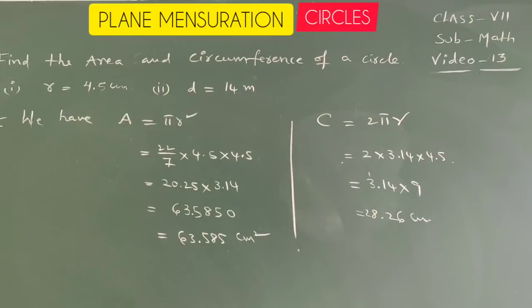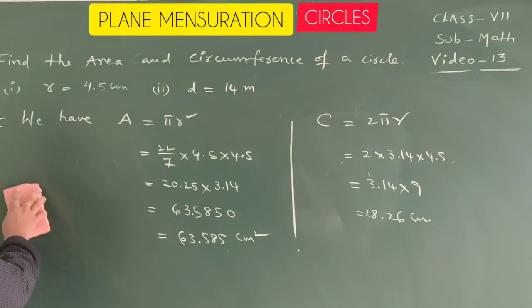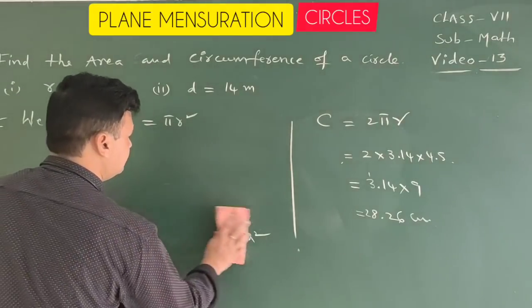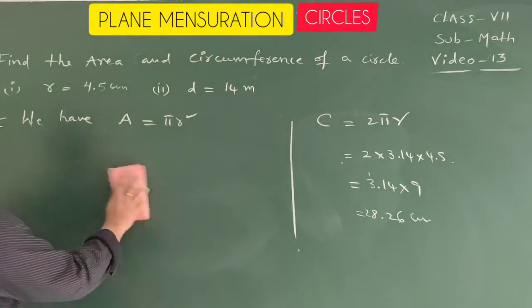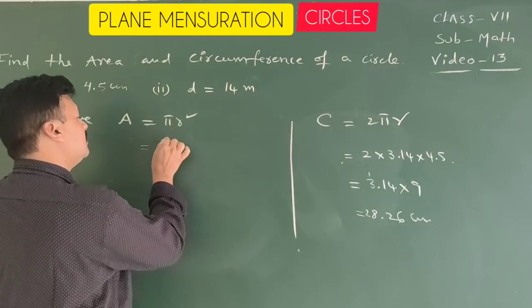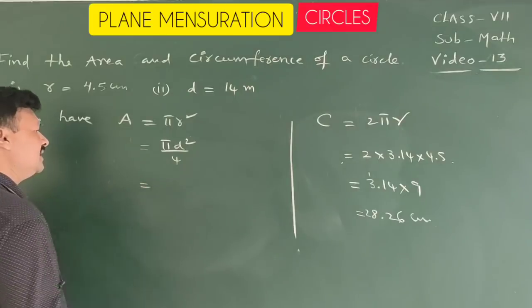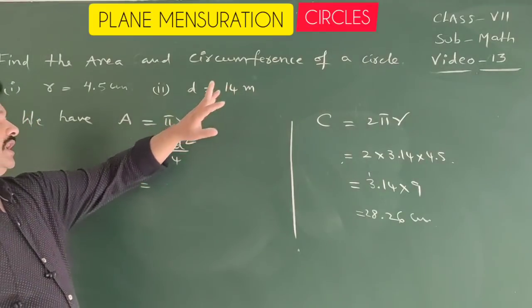This is the first problem, in case the radius is given: pi r square and 2 pi r. Next, the second problem, in terms of diameter. Area equals pi d square by 4. So here d is 14.